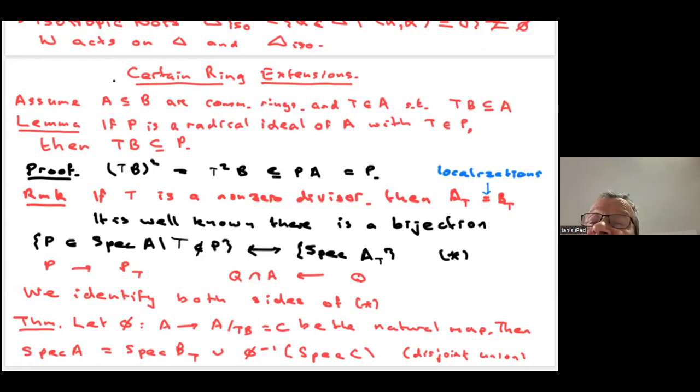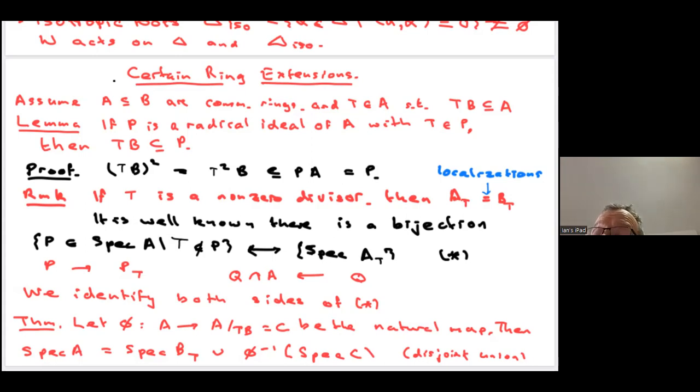And another remark is that if t is a non-zero divisor and you localize A at t, you get the same localization as B localized at t. And then it's well known that there's a bijection between primes in A that do not contain t and primes in the localization.